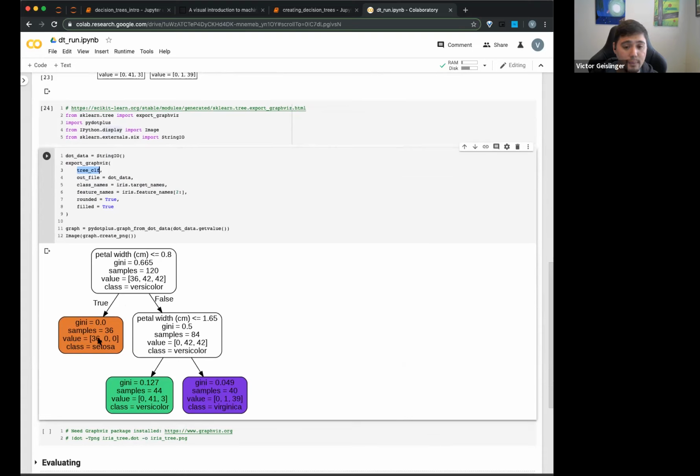For example, value 36, 0, 0 means all of this class, Setosa. There are 3 classes in this data set, 36 of them are over here, and none of them are over on this side. So from the very first split, we got all Setosa, which is why if you land in this area, it's going to classify as Setosa.